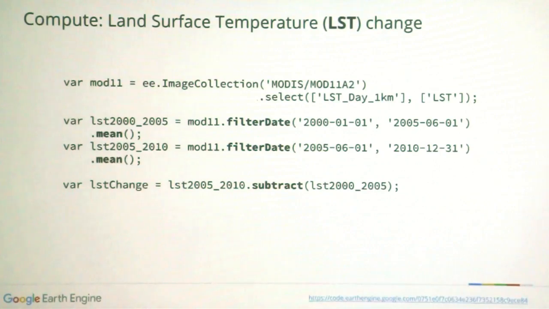CO2 emissions. Ooh, that is a good question. I don't know that we have CO2 emissions inside Earth Engine. Does anybody know? CO2 emissions? I don't think so either. That is a great question, and I wish we had that data set.